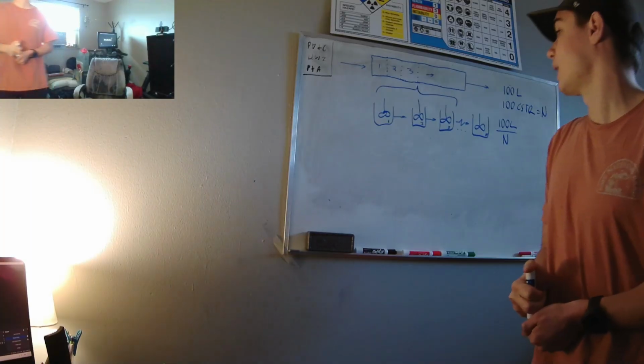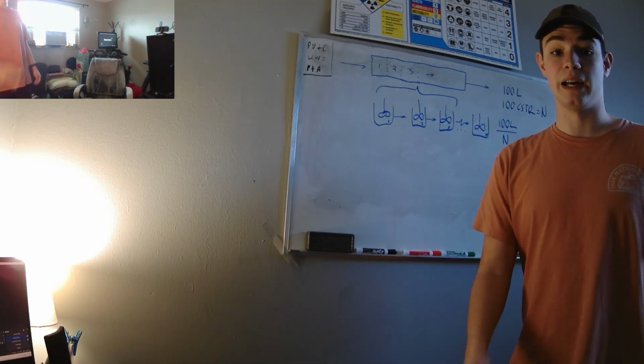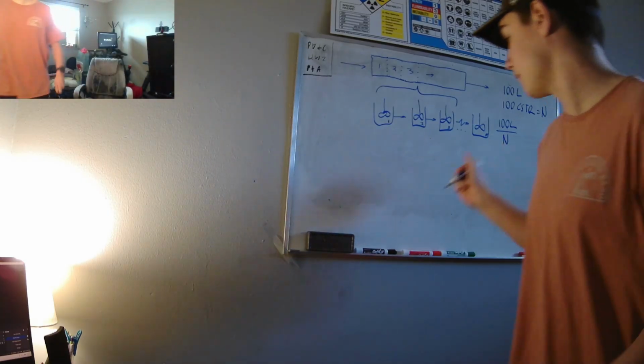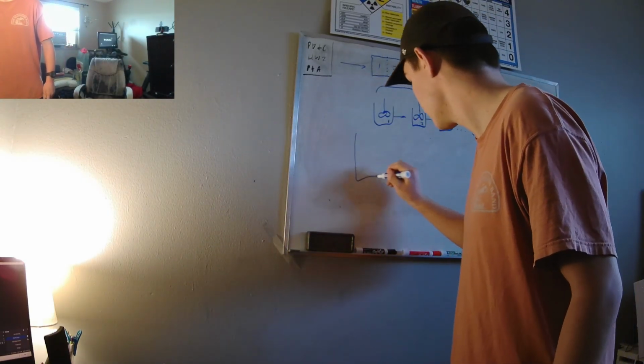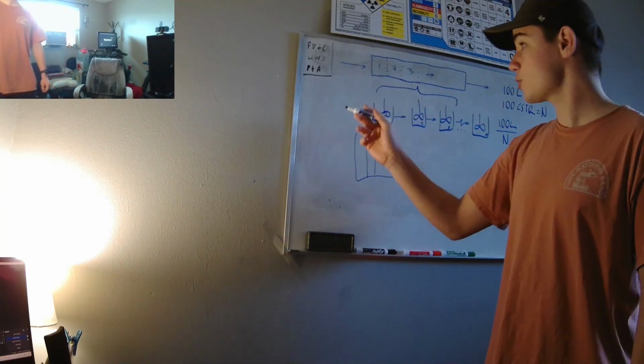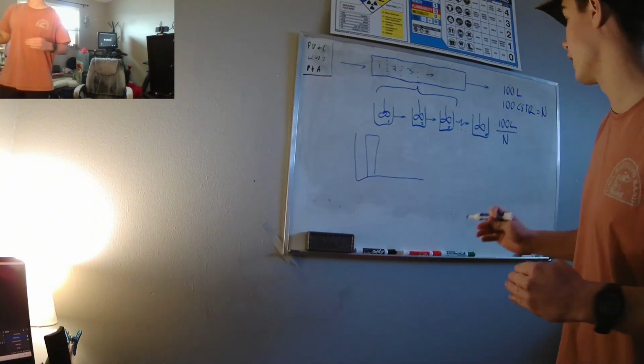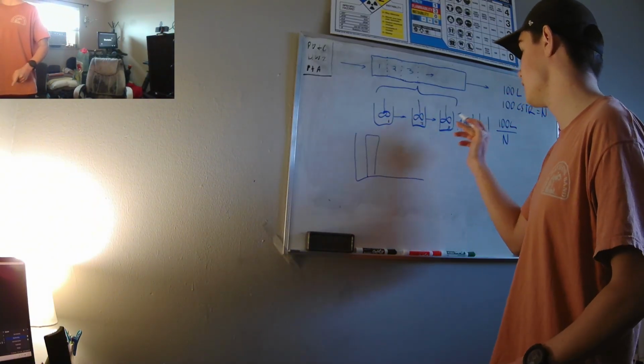Now that we've got this problem set up, we know the idea of what we're trying to do here, we can go ahead and move into Python and try to get a graph of what this plug is going to look like. Because as I said, when you have your first pulse of concentration there, over time, you're going to see band broadening as it gets mixed in each of these different CSTRs.